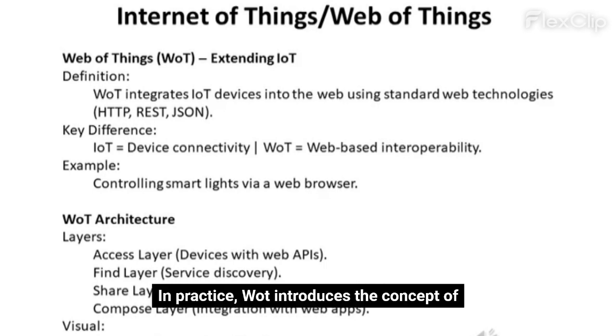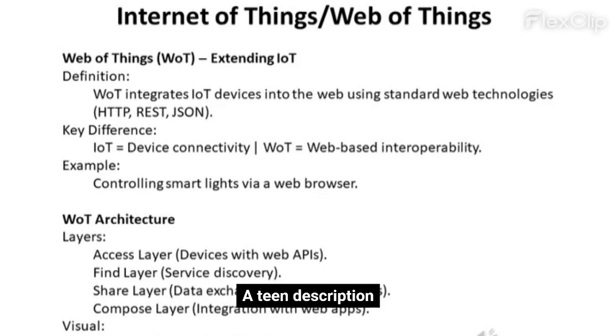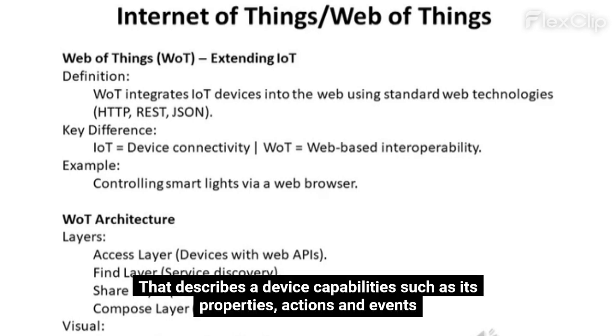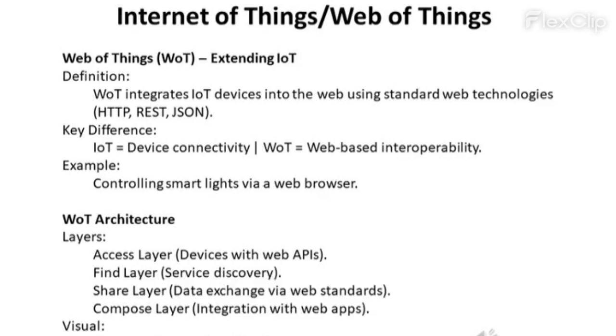In practice, WOT introduces the concept of the TD, that is the Thing Description, a machine-readable metadata file that describes a device's capabilities, such as its properties, actions, and events.